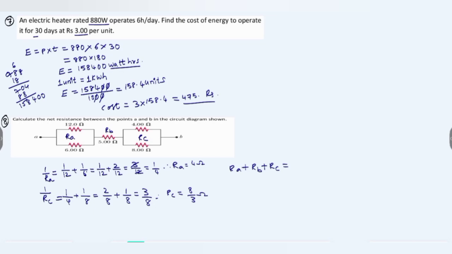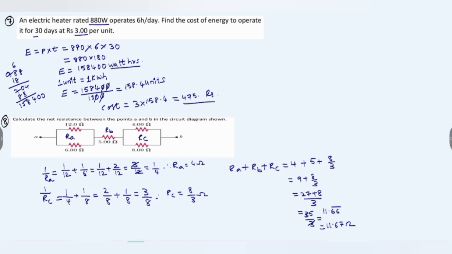That is 4 plus 5 plus 8 by 3, that is 9 plus 8 by 3, that is 27 plus 8 by 3, that is 35 by 3, that is 11.67 ohms, the effective resistance between terminals A and B.